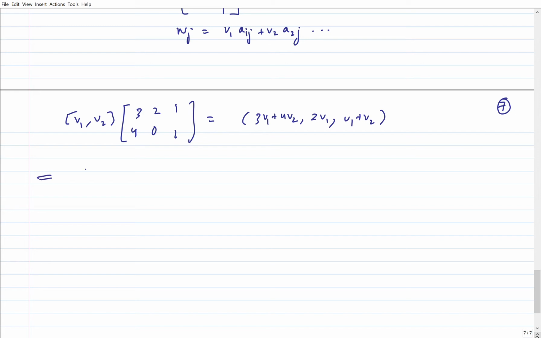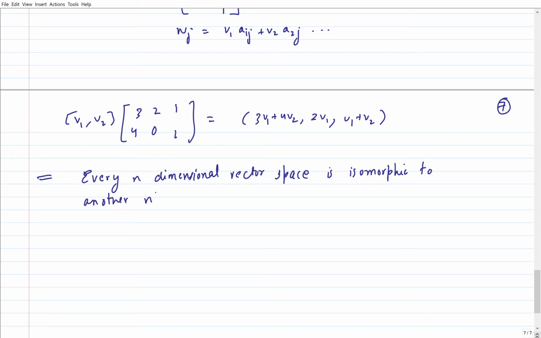Consider this, which we can show: every n-dimensional vector space is isomorphic to any other n-dimensional vector space. By that I mean they have the same structure.